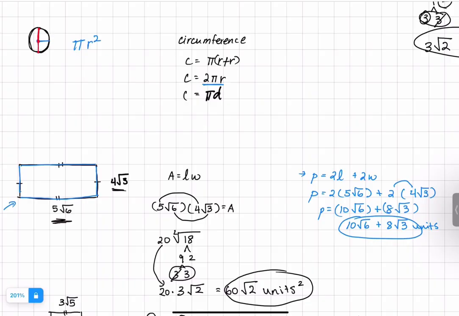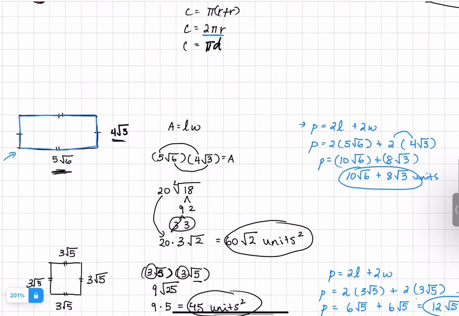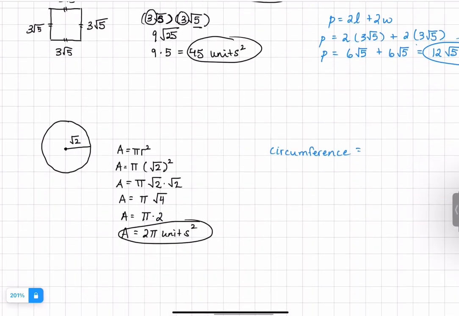Sorry about that. Going down here, it should be pi times diameter. Our diameter is just the opposite: you're flipping this line over and adding it on this side, which is also root 2.